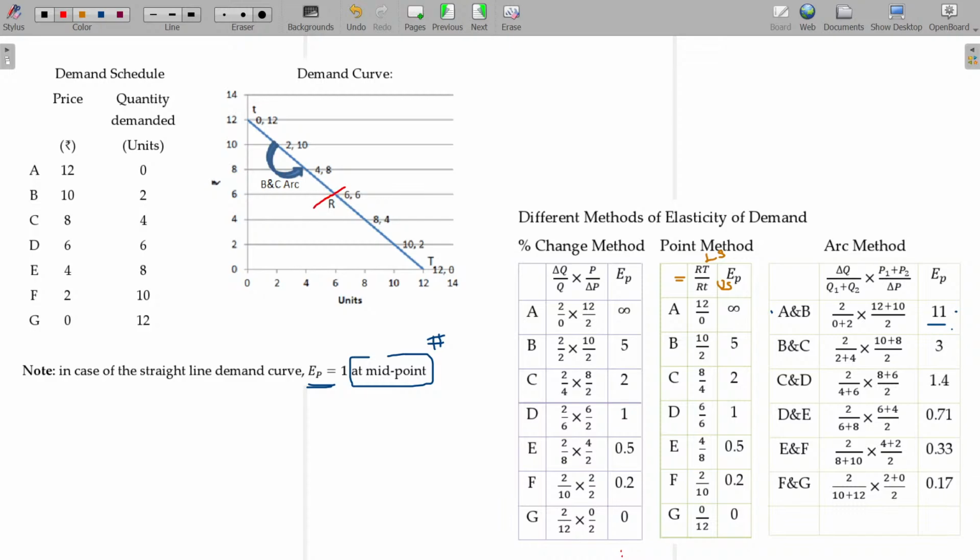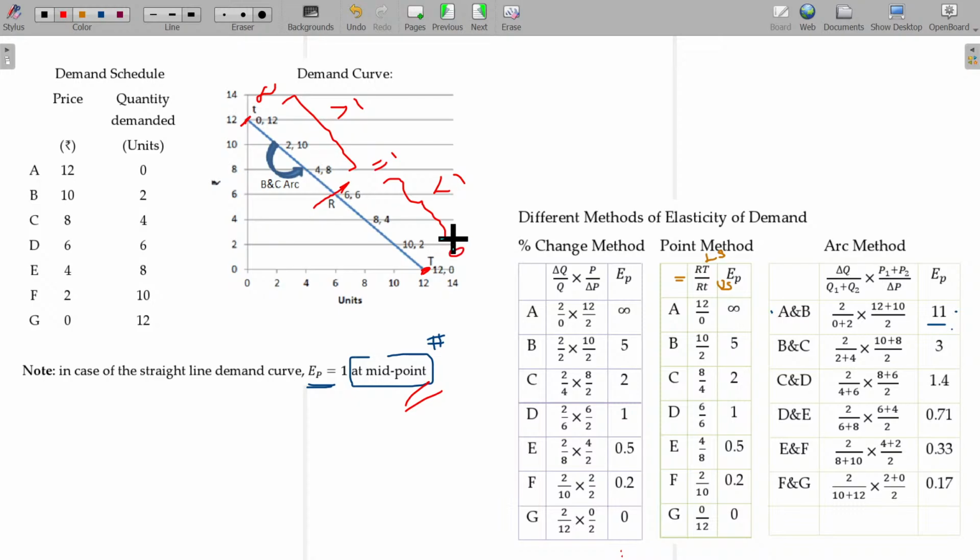At the exact midpoint, elasticity of demand is equal to 1. Any point above the midpoint will have elasticity of demand more than 1, and at the exact top, this will be infinity. Below the midpoint up to the last one, the answer should be less than 1. At this point, it should be 0.